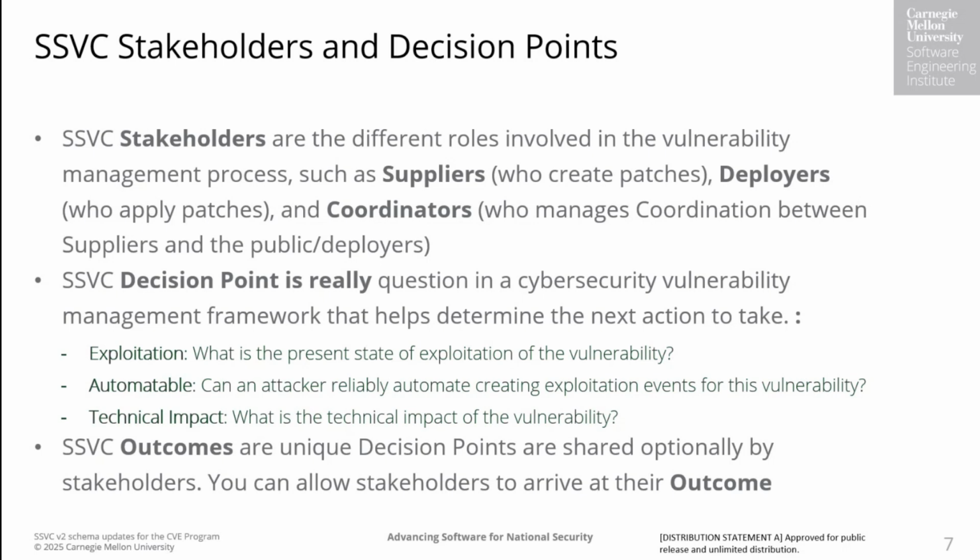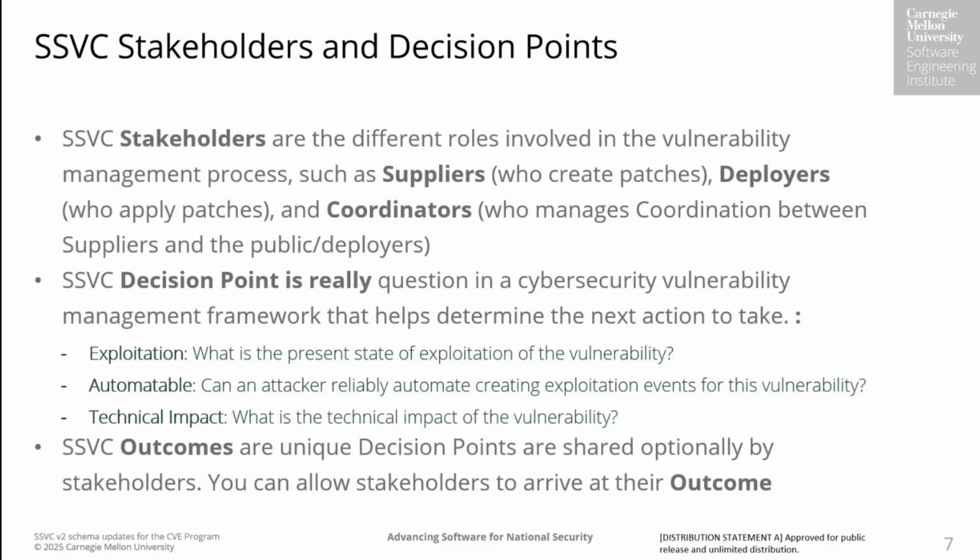Some important points to define here. I'm going to go in a little different order than the way it's written. The first thing to understand is, what is an SSVC decision point? It's essentially a question to determine a key property of a vulnerability. You're trying to ask a very specific question about the vulnerability, like, what is the present state at this time of the exploitation of the vulnerability?